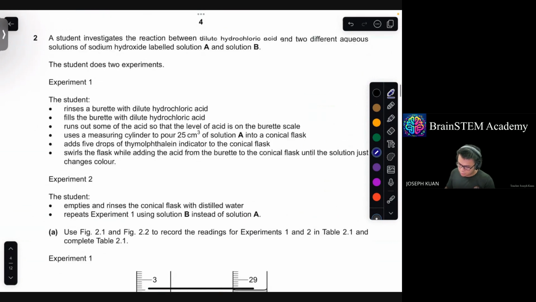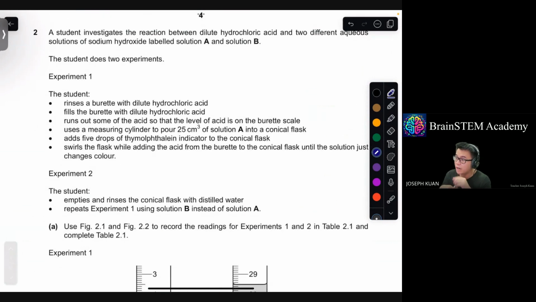Moving on to 2. A student investigates the reaction between dilute hydrochloric acid and 2 different aqueous solutions of sodium hydroxide labeled solution A and solution B. The student does 2 experiments.